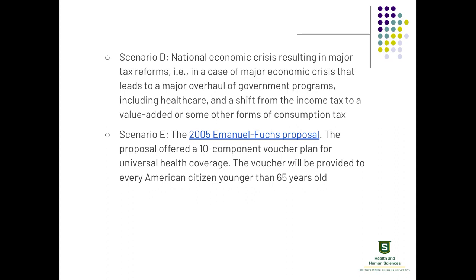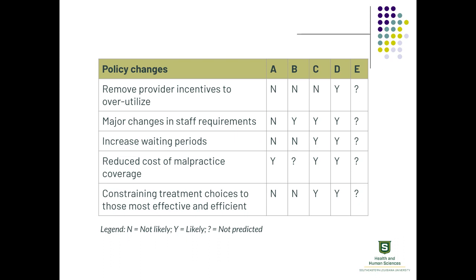You can use a number of metrics to measure the likelihood of it. Examples would be removing provider incentive to overutilize, major changes to staff requirements, increasing wait periods, reducing the cost of malpractice coverage, and restraining treatment choices to the most effective. You look at all of these different possibilities of what would happen in order to achieve these scenarios, and then you rank them in terms of whether it's likely to happen, not likely to happen, or you don't have enough information to predict the likelihood.